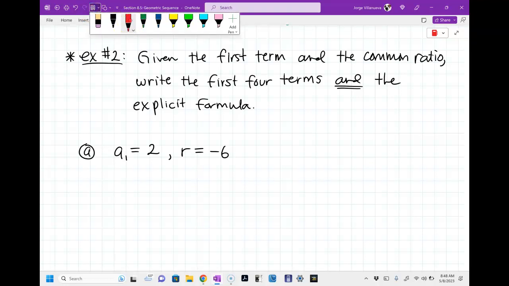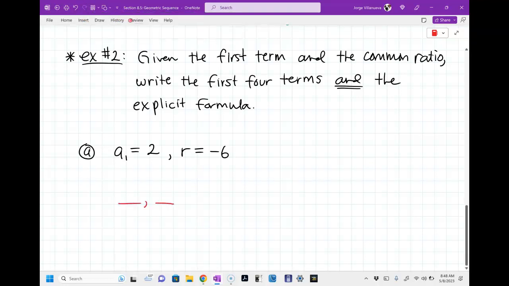They want the first 4 terms. 1, 2, 3, 4. Remember, this is what I do. You don't have to do that, but I just like to organize my work, so I have a goal, right? This is what I need to fill in. What do I put in the first spot? A 2, right? They gave that to me. All right, and then what I'm going to do now is just consistently multiply by -6.